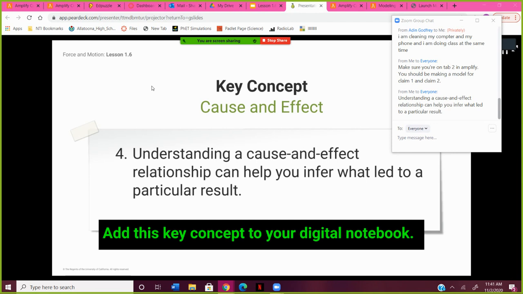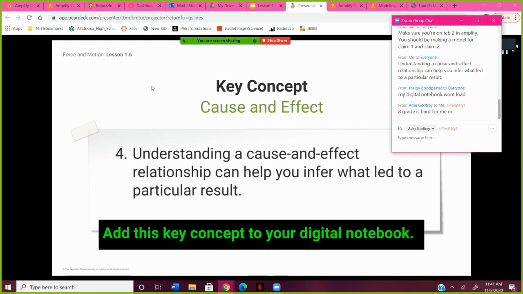All right, take about another 15 seconds to get that in, and then make sure you're back on our Pear Deck. Shelby, if you need to write it down on a piece of paper right now, then you can.